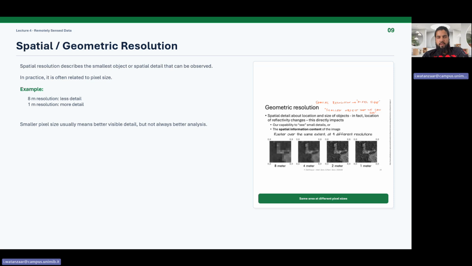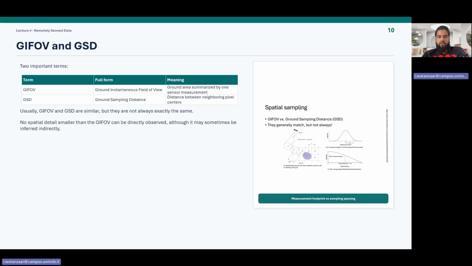Let's move on to a detailed explanation of spatial or geometric resolution. We have two important terms: one is GIFOV, and the second is GSD. GIFOV stands for ground instantaneous field of view, the ground area summarized by one sensor measurement.